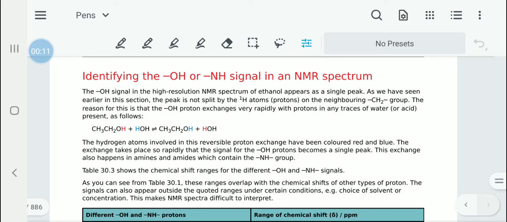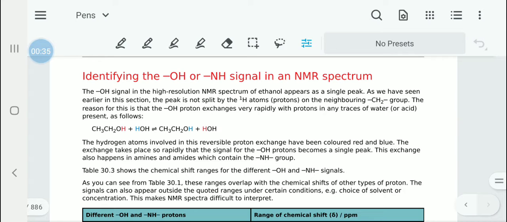Earlier we understood that OH would appear as a single peak, without depending on how many H1 atoms or protons are there in the neighboring carbon group. As a result, we can't identify whether it is OH or something else.